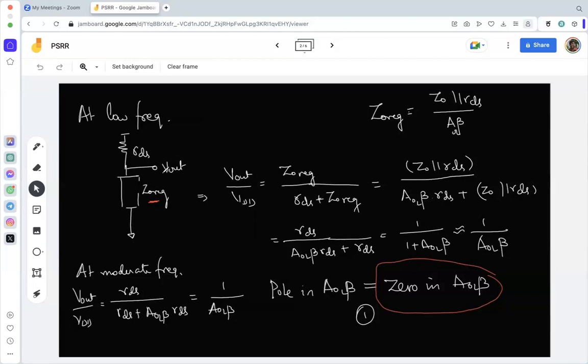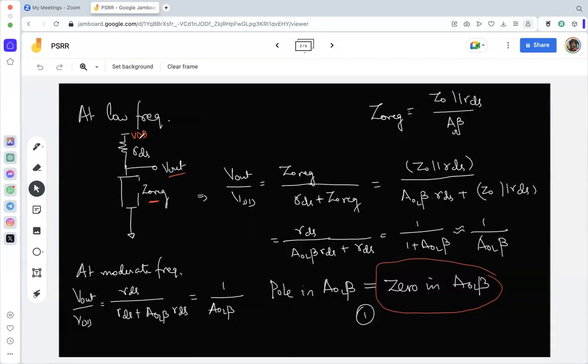Now at low frequency, we already know that Z0 reg is Z0 parallel RDS divided by AOL beta. Now you can consider this as a simple resistor divider. So your Vout by VDD is nothing but a simple resistor divider.